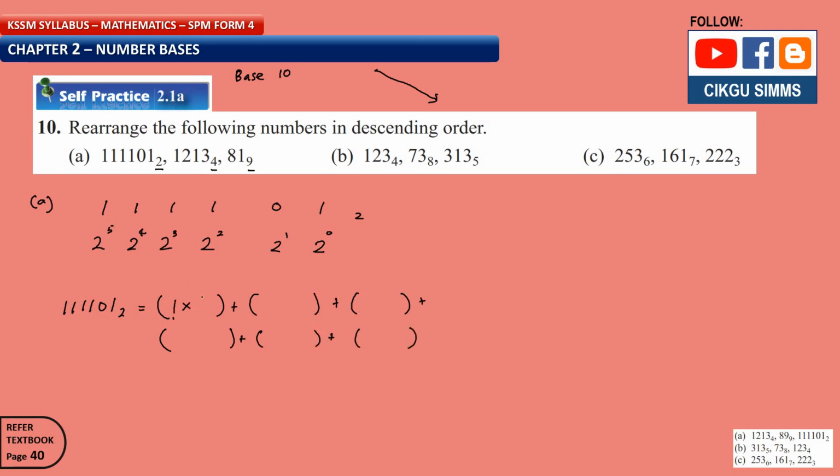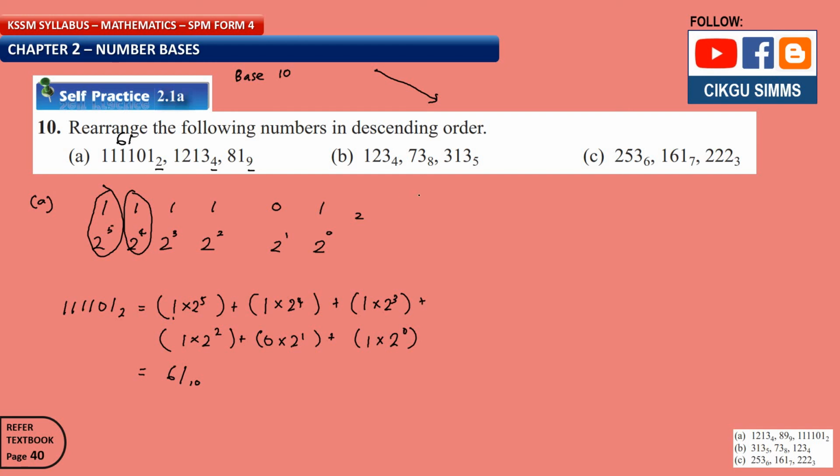So first one, 1 times 2^5. Second one, 1 times 2^4. I am doing the multiplication. And then 1 times 2^3, 1 times 2^2, 0 times 2^1, 1 times 2^0. And then after you calculate all of them, you end up getting 61. Okay, and this value will be base 10. So the first one is 61.